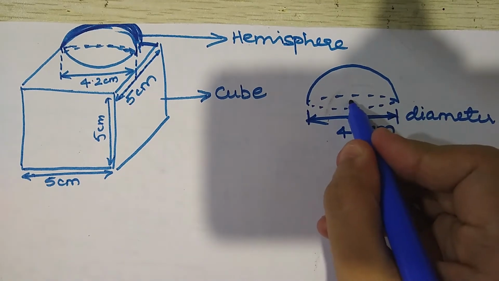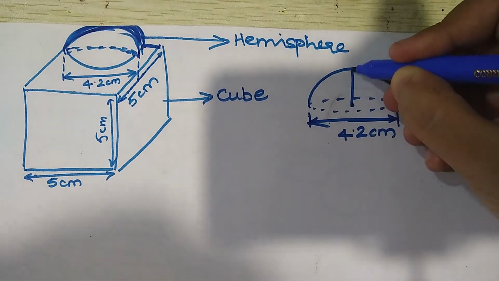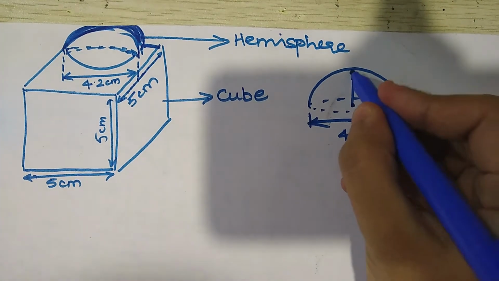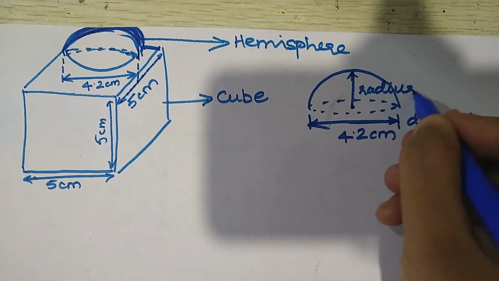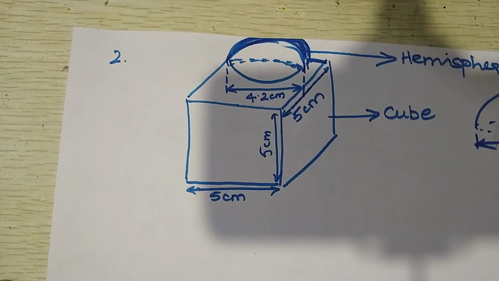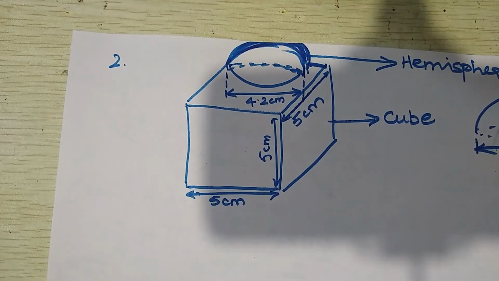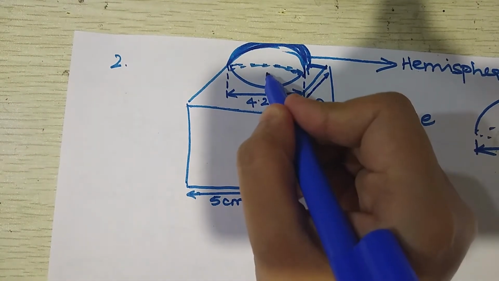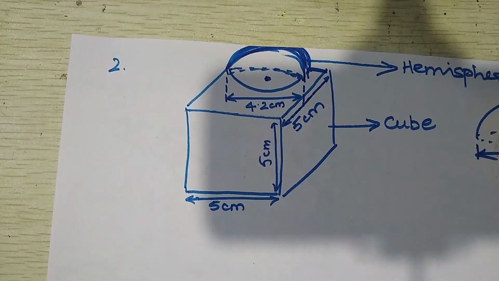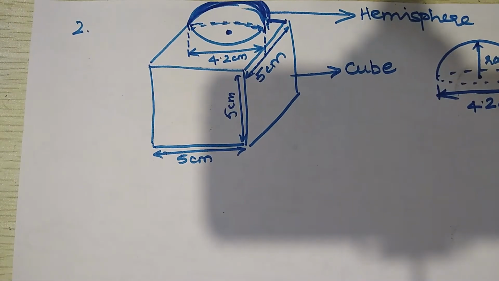And if from the center point to the top, if a dimension is given, then it would be your radius. So what is given here is the total diameter, right? So if the diameter is 4.2, then the radius would be half of 4.2. So let us see what the question is.